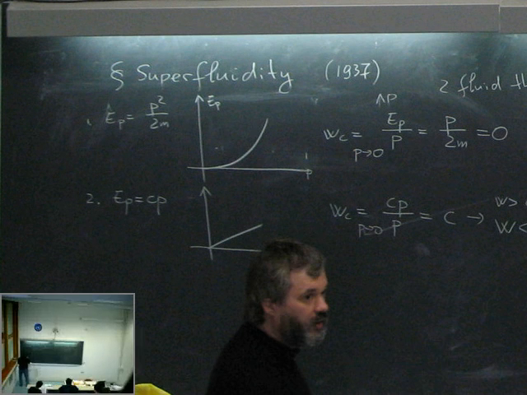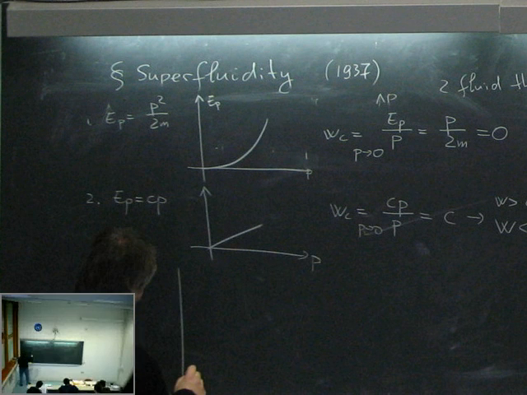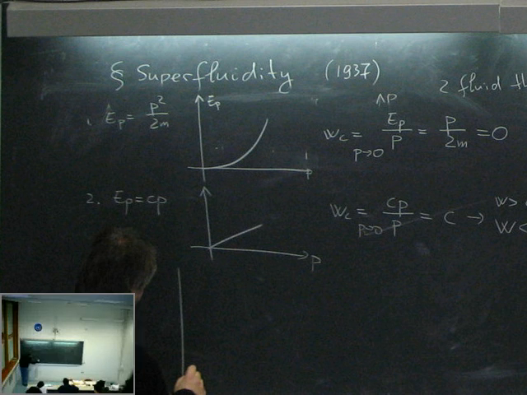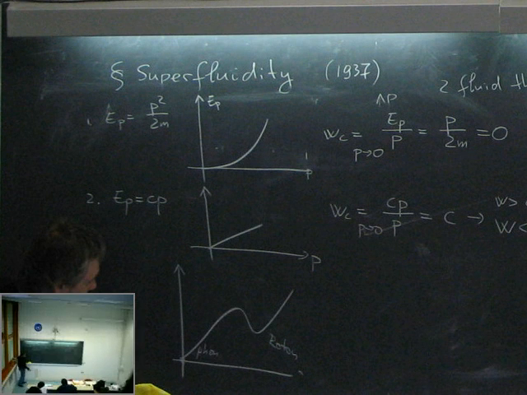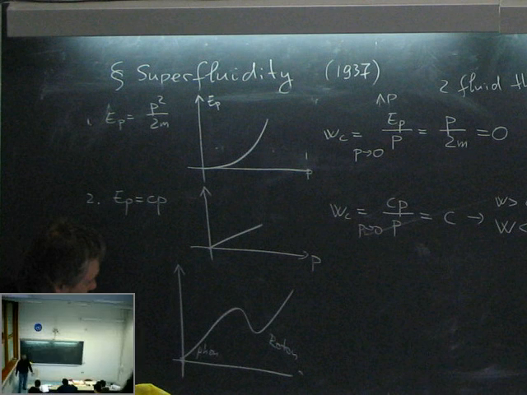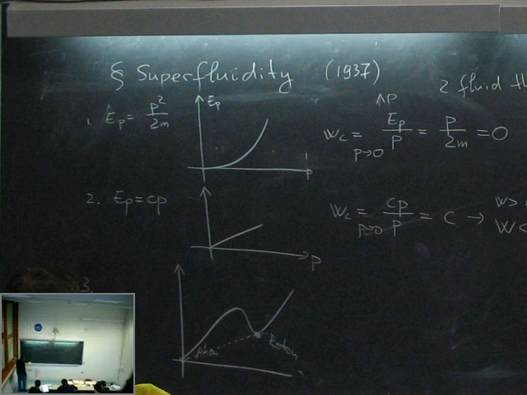Well, let's take the last example. If we have this phenomenological Landau spectrum, which consists of a phonon part and a roton part, then the critical velocity is defined by the tangent. So you see, if the system runs with a velocity smaller than that defined by the tangent, then there is no way to excite these rotons.